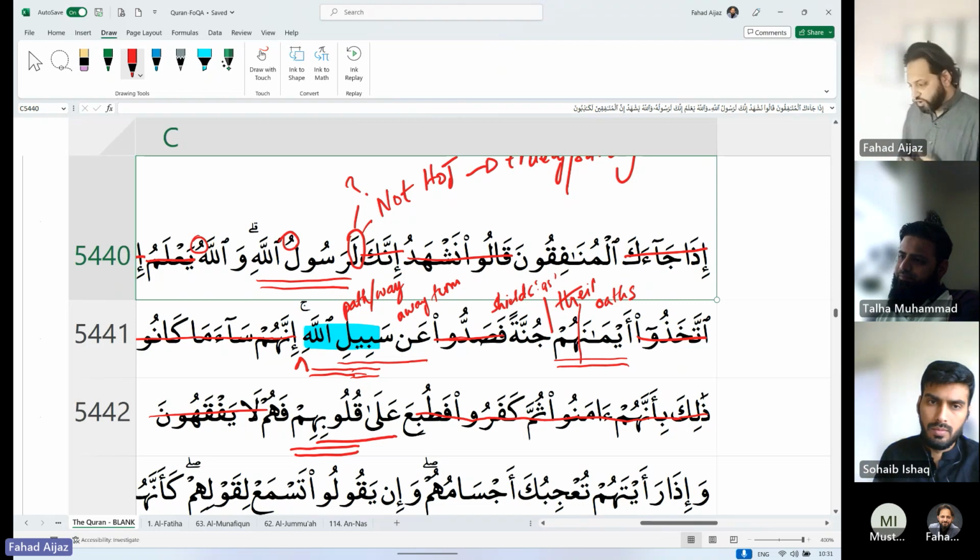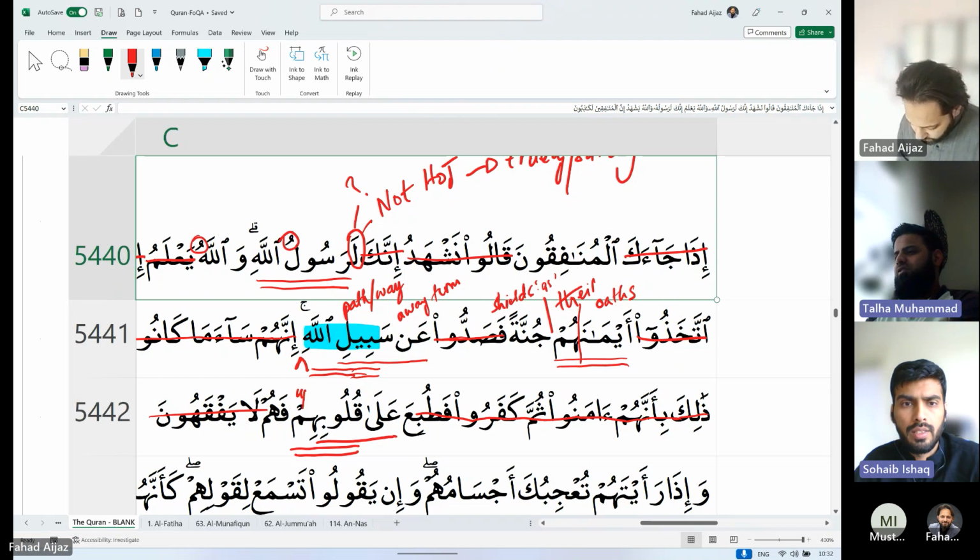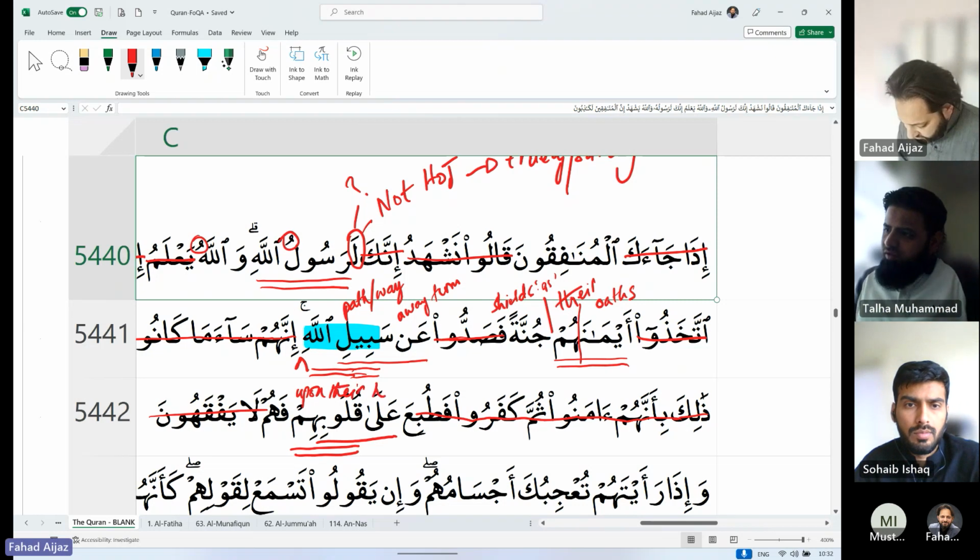Ala is on or upon. Qulub is hearts, not heart. It's a broken plural. And him is an attached pronoun. So ala qulubihim. Let's translate that one. Upon their hearts.